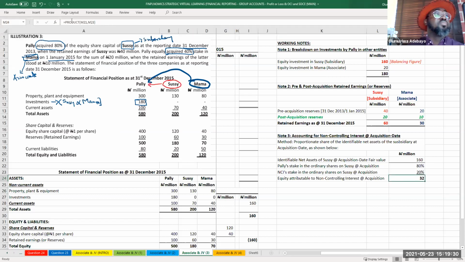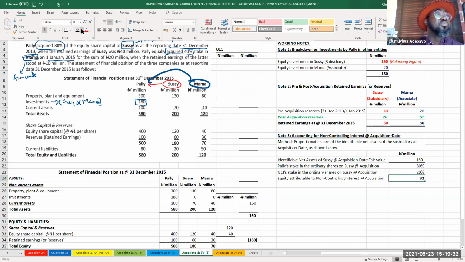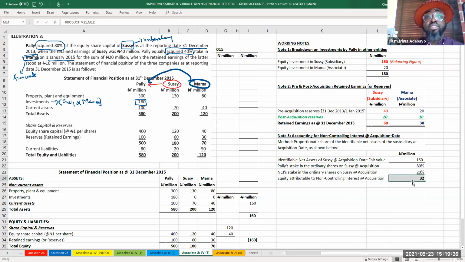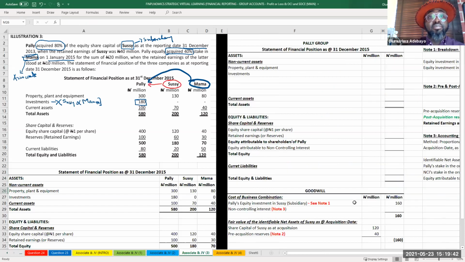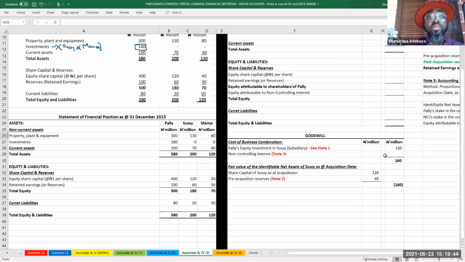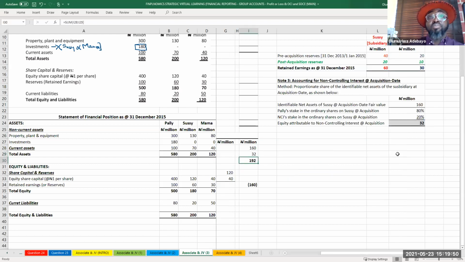NCI is 32. 32 is 30, that's 20% of 160. And in that case, I can rush down here to link it to say my NCI as measured as proportionate share is 32.